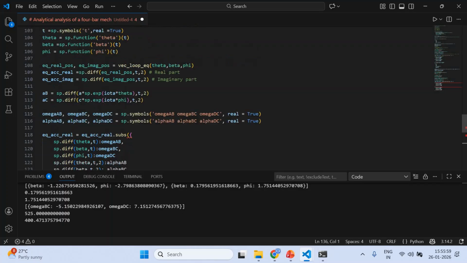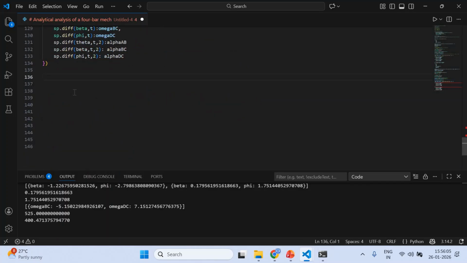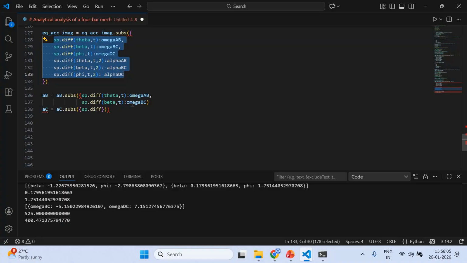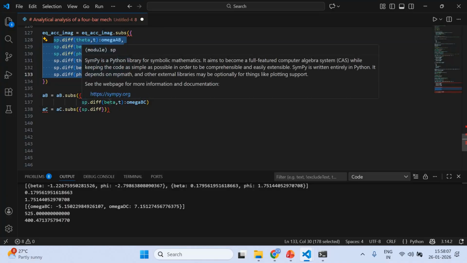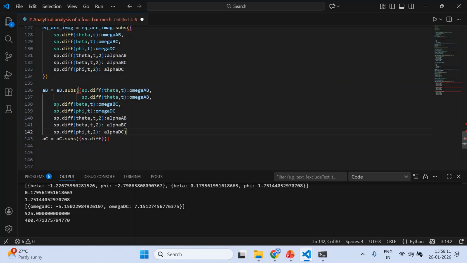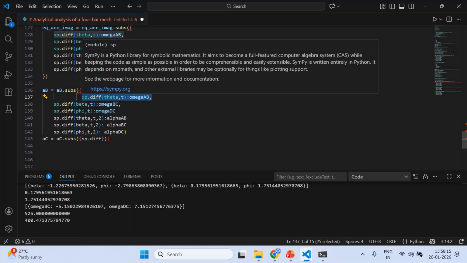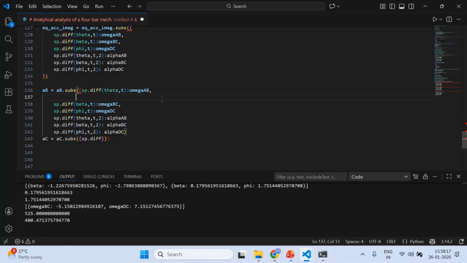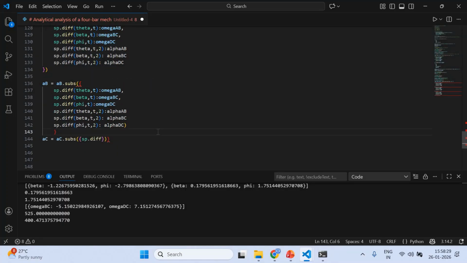So let's first do the same thing for these AB and AC. So let me copy it from the top. Right, because it's a simple repetition of the things, so let's take it from here, and now let us place it here. Let's keep it like this. Let's close the bracket.